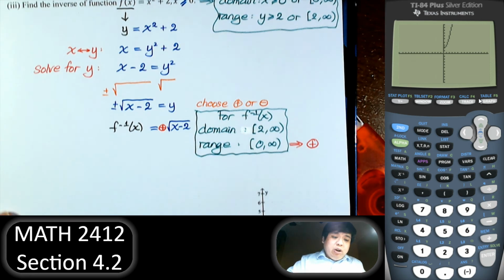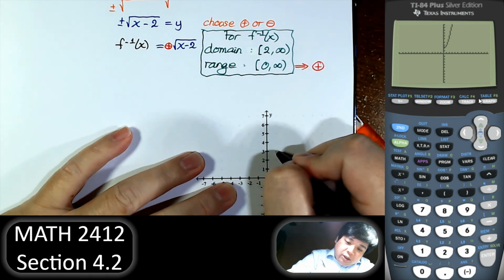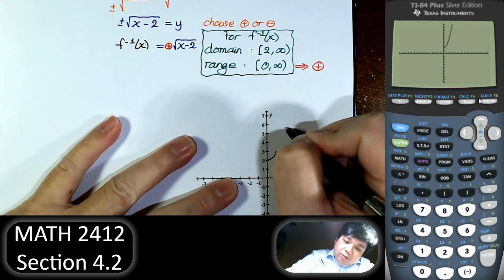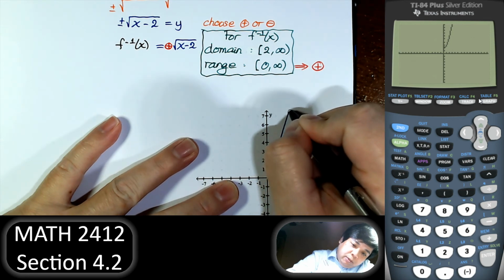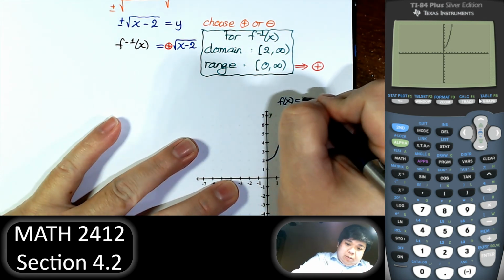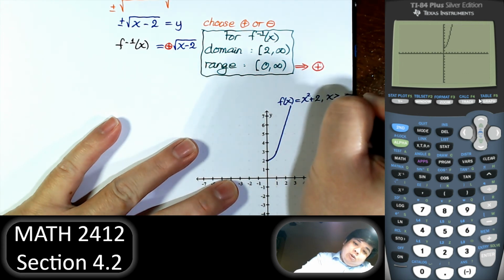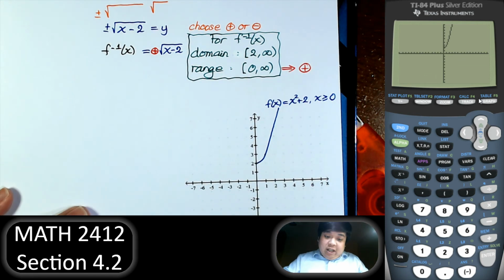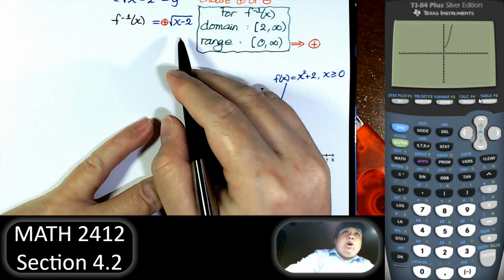Right, and then finally we graph them. That should be simple. X squared plus 2. We have this. So this is the function for x greater than or equal to 0. And then we have the inverse. Square root of x minus 2.